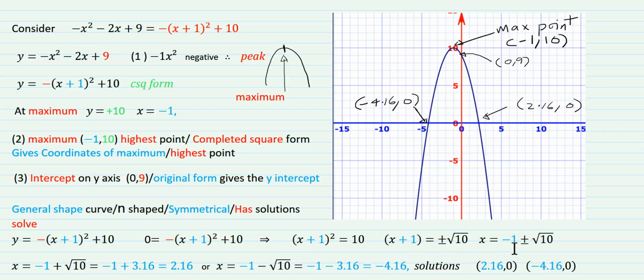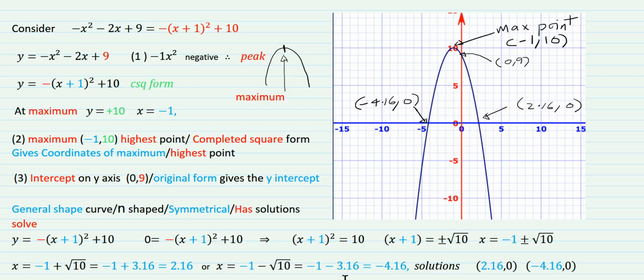On the right you'll have minus 1 plus or minus the square root of 10. So these are the two solutions. One solution will be minus 1 plus the square root of 10, and the square root of 10 is 3.16. So one answer is 2.16, and the other solution is minus 1 minus the square root of 10, so it'll be minus 1 minus 3.16.